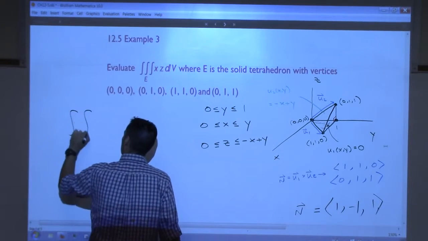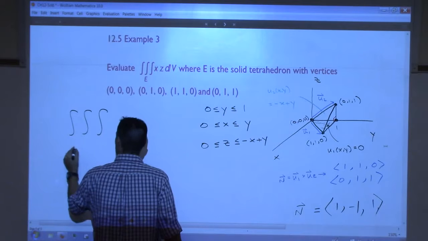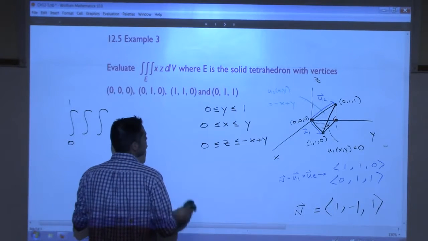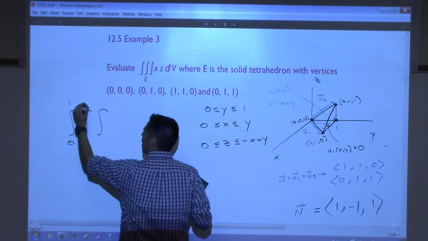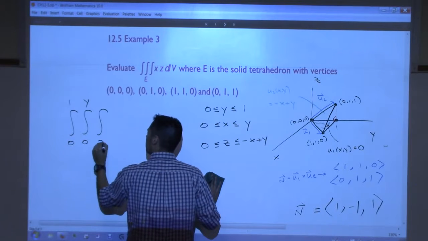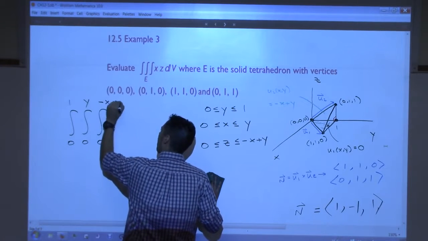Triple integral, 0 to 1, 0 to y, 0 to negative x plus y.